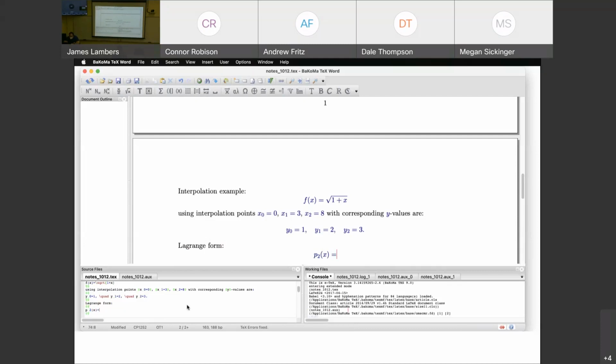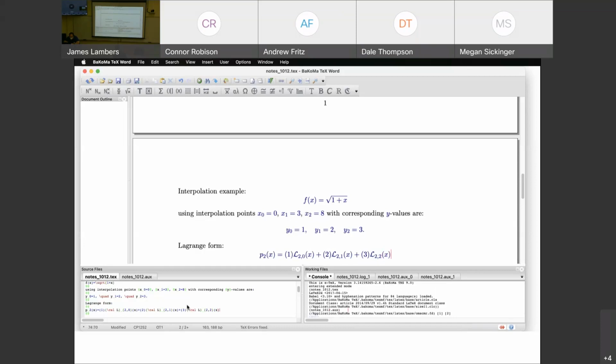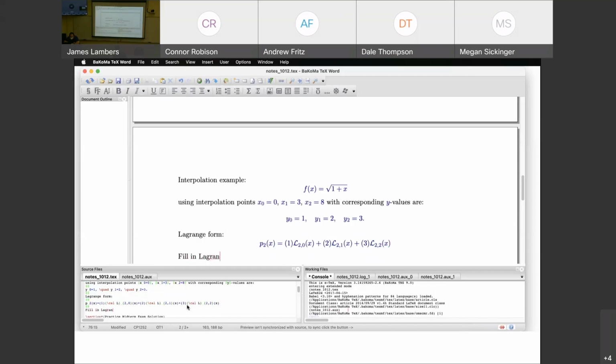So we're going to have a first y value of 1 times Lagrange polynomial 0, and then the second y value, 2 times Lagrange polynomial degree 2 index 1, plus the third y value times degree 2 polynomial 2 of x. And now I can fill in the Lagrange polynomials.